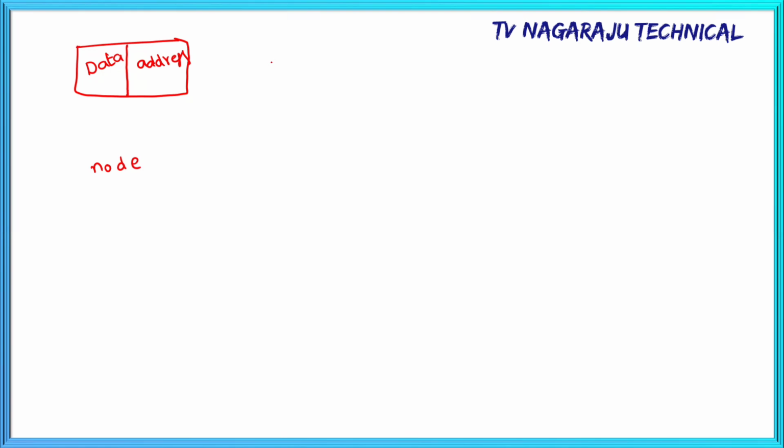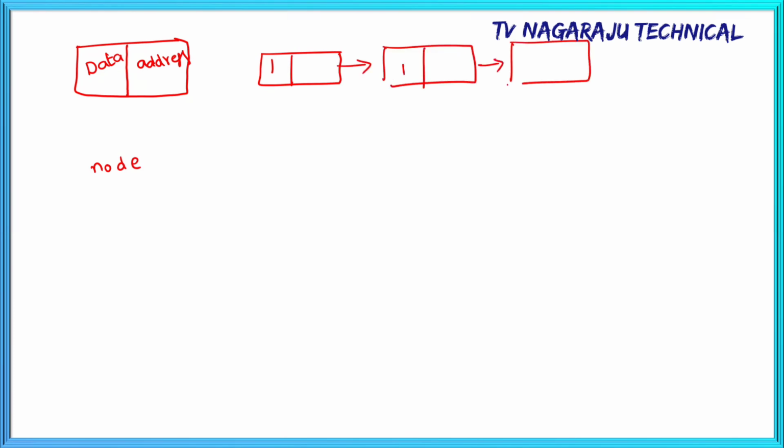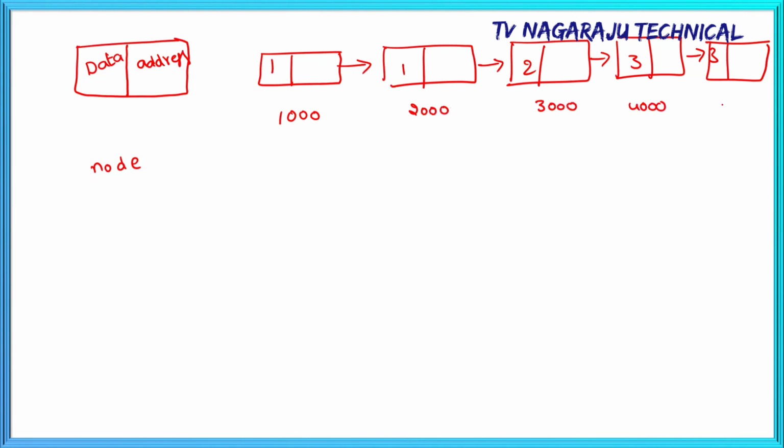So, in my example, assume I have the elements 1, 1, 2, 3, 3. This is the example they gave. Internally, assume this is address 1000, that is, in memory it is stored at address 1000. This is address 2000, 3000, 4000, 5000.